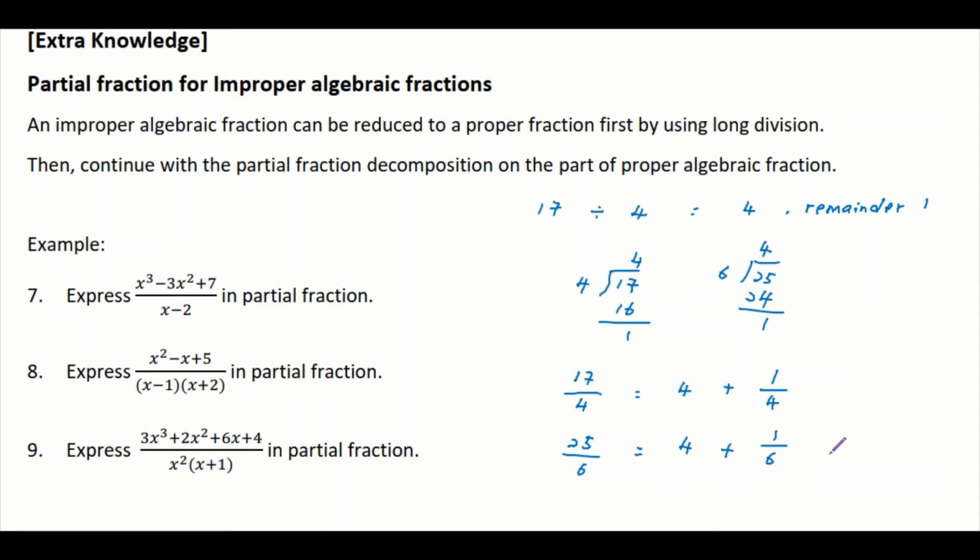This is how you get your mixed number, like 4 and 1 over 6, or 4 and 1 over 4. So you do long division and get an exact number. Then for the fraction part, you do exactly the same thing as what you learned in examples 1 to 6.